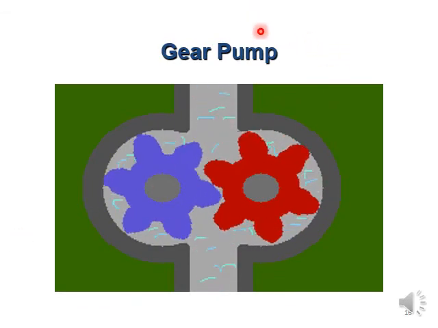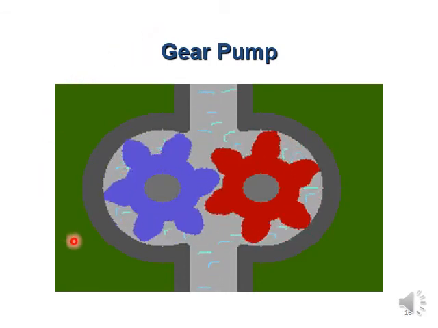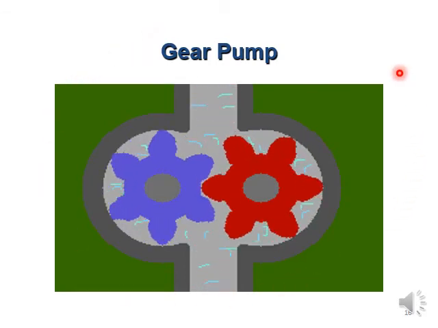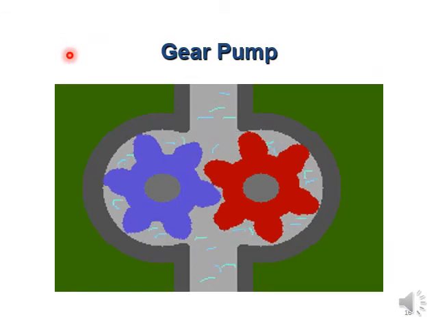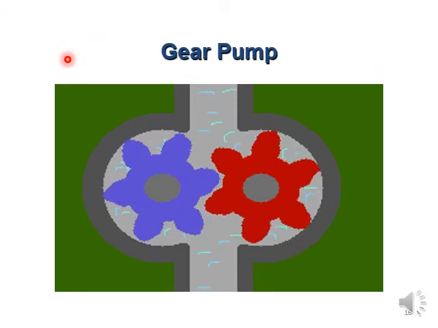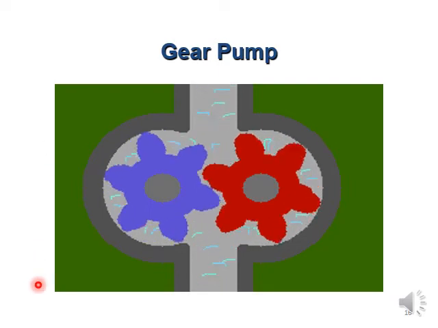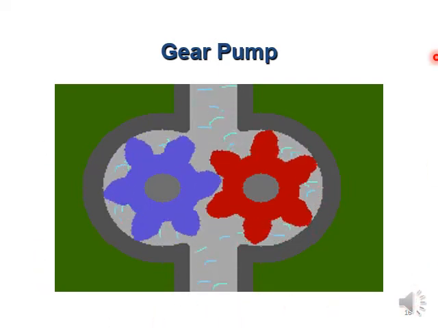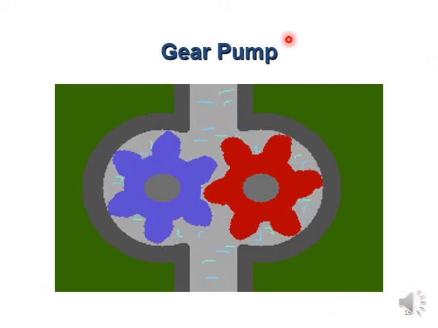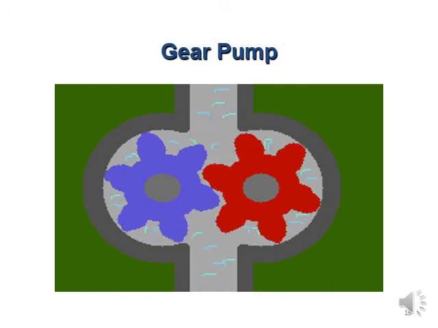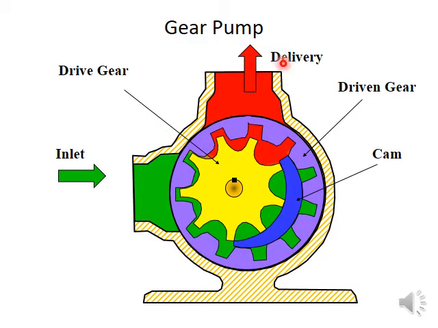Okay, let us see a few examples of rotary type positive displacement pumps. This is a gear pump, very much used for high pressure applications in automobiles. And this shows also a gear pump.